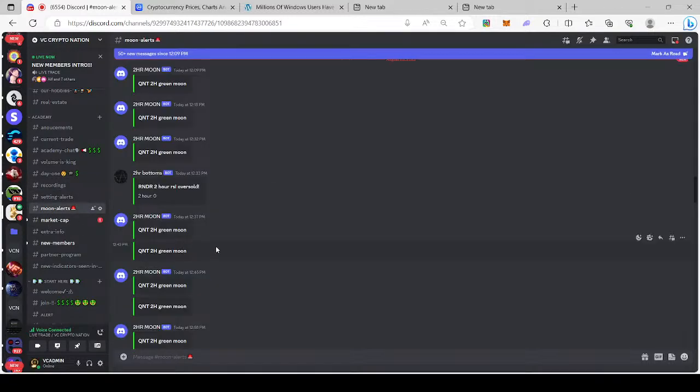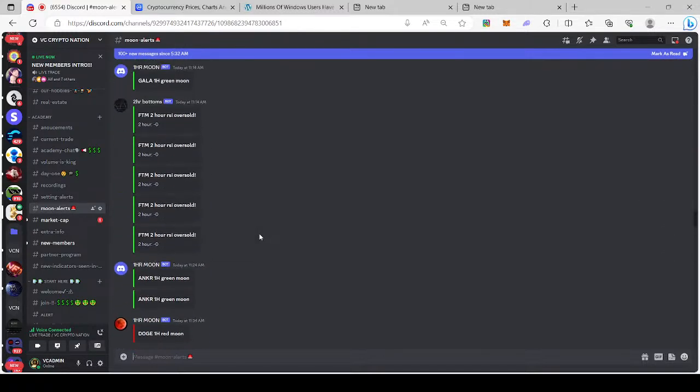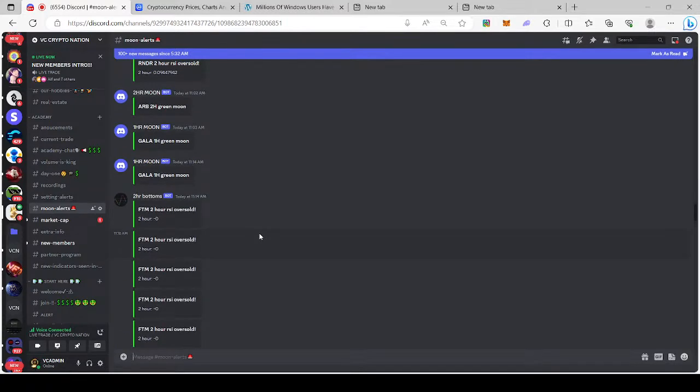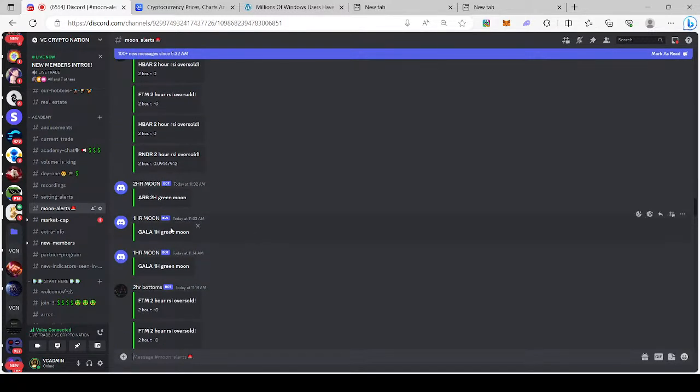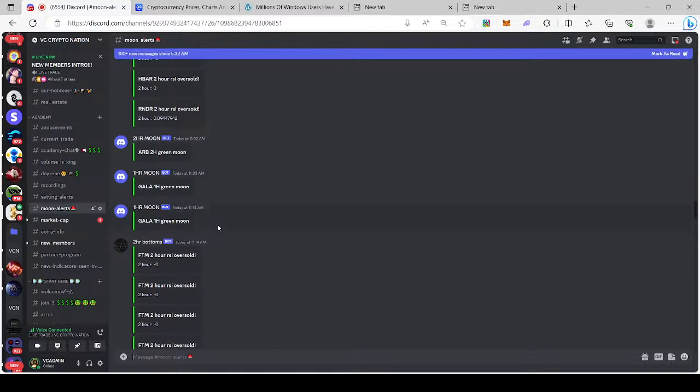Moon alerts is basically where you can find coins. So let's say you're jumping onto Discord and you need to find something. If you go to Moon Alerts, you can see that this has not only moons but also RSIs.